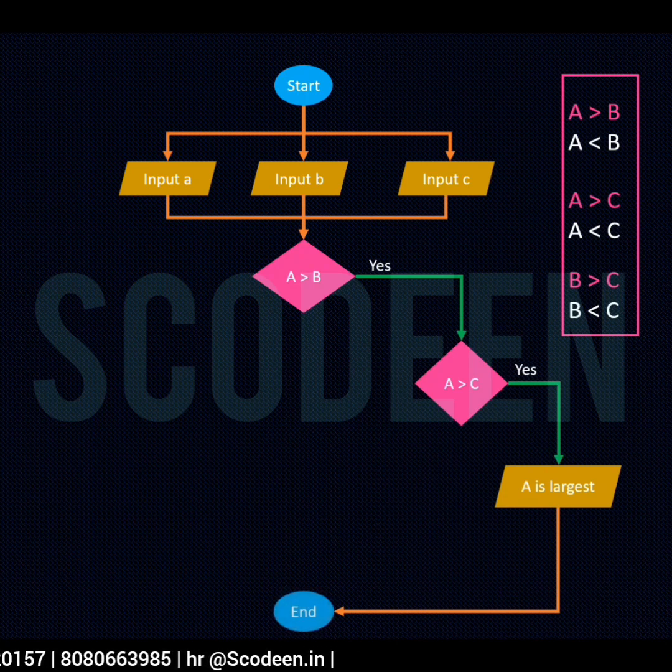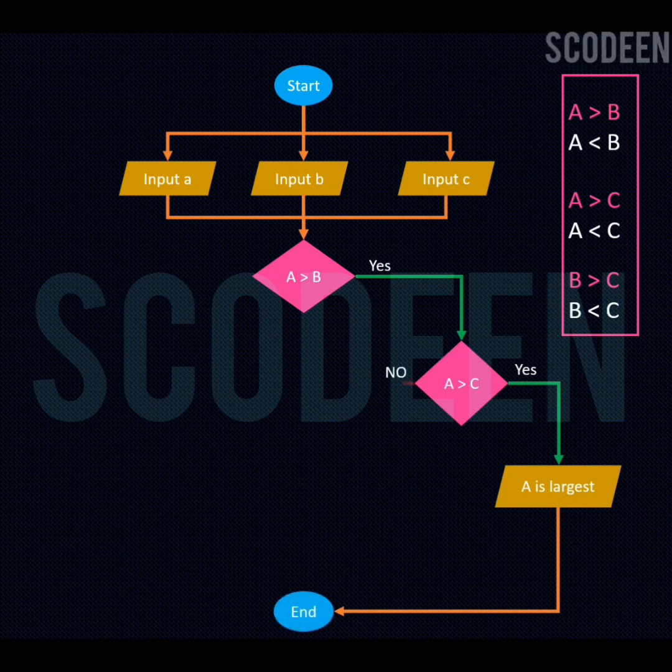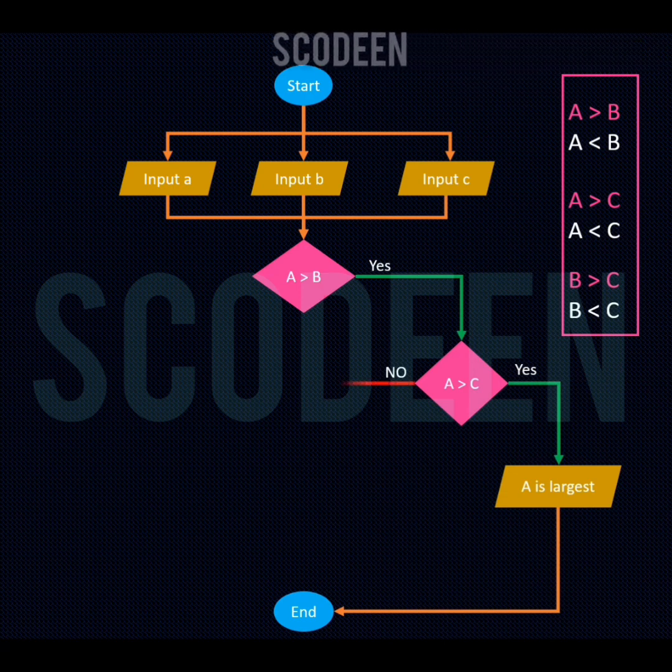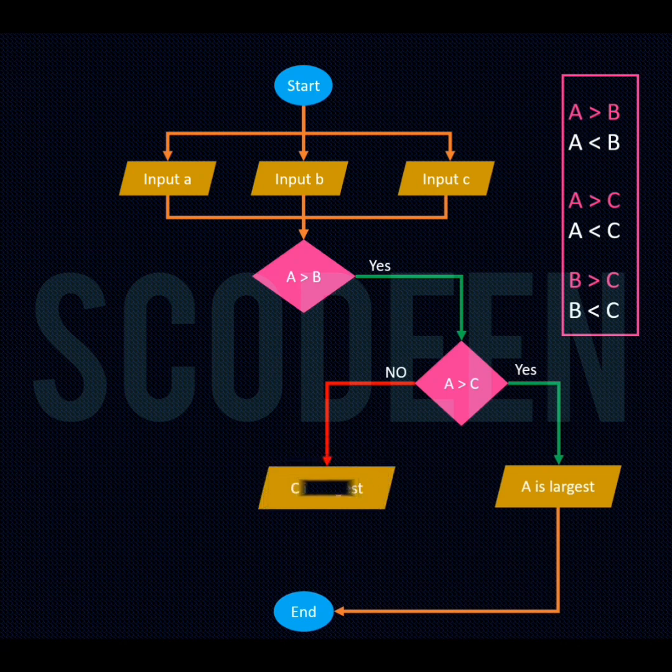Next, come from downward. Observe here. If the condition A is greater than C is no, then in this case, from downward, we can type here C is largest. This is where we can close the flowchart.